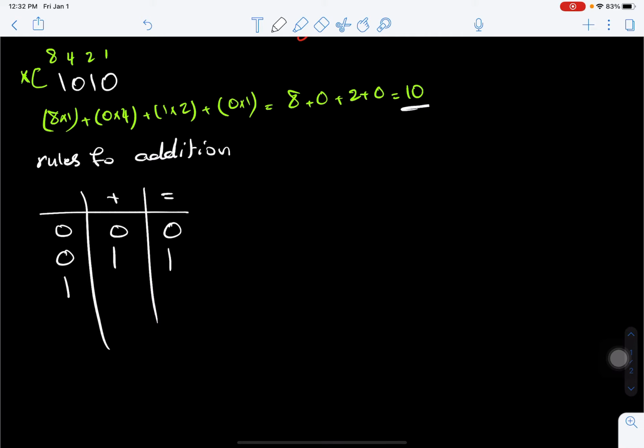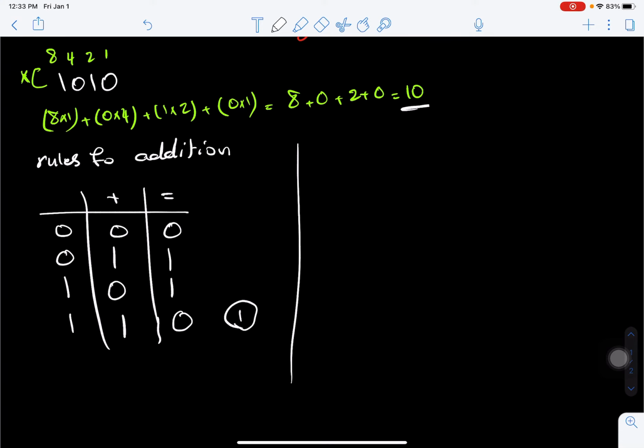Then you have 1 plus 0, it's still 1. But when you have 1 plus 1, it's not going to be 2 anymore since it's a binary number. You're going to have 0, and also I'm going to put the 1 here with the carry, which is going to go to the next number or next row. You're going to see it in a couple seconds.